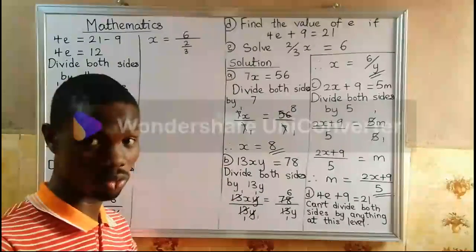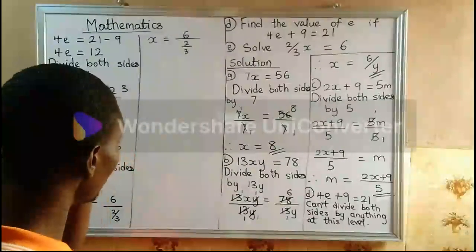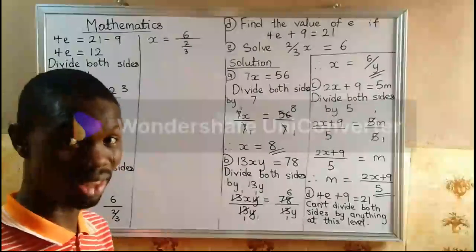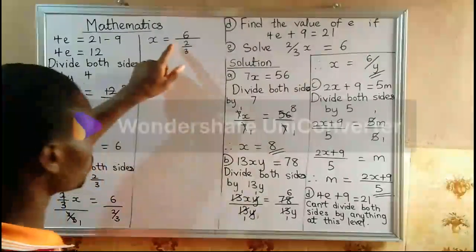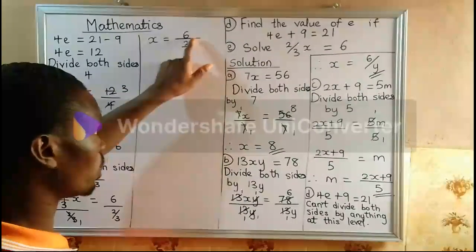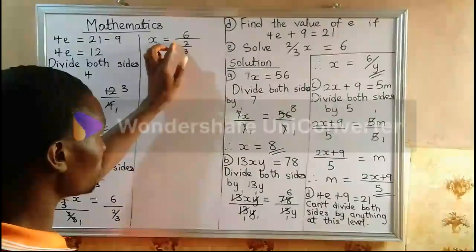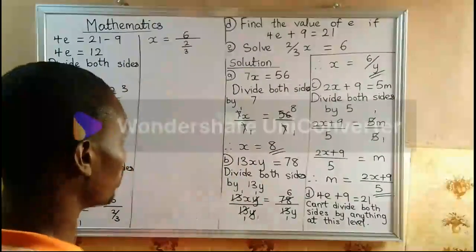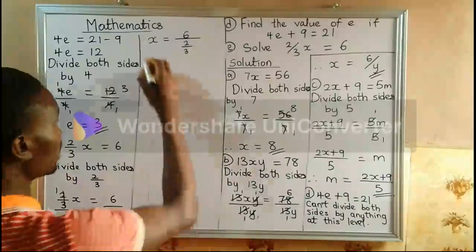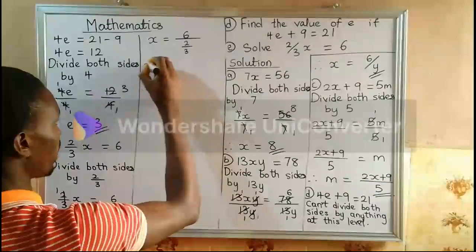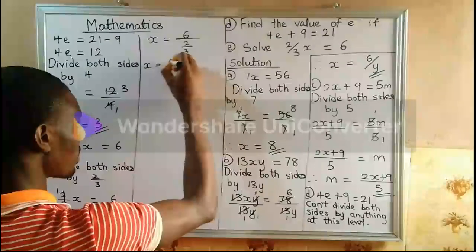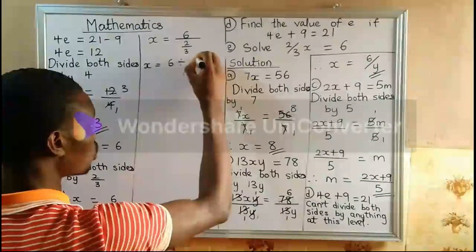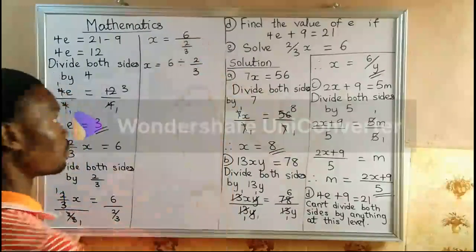So what I advise students to do at this point is the major all over should be made a division sign. Nothing changes. The major all over is the one that separates 6 and 2 over 3. So we just make it a division sign. This is what I mean by that. So x equals 6, instead of writing all over, we make a division sign, divided by 2 over 3.